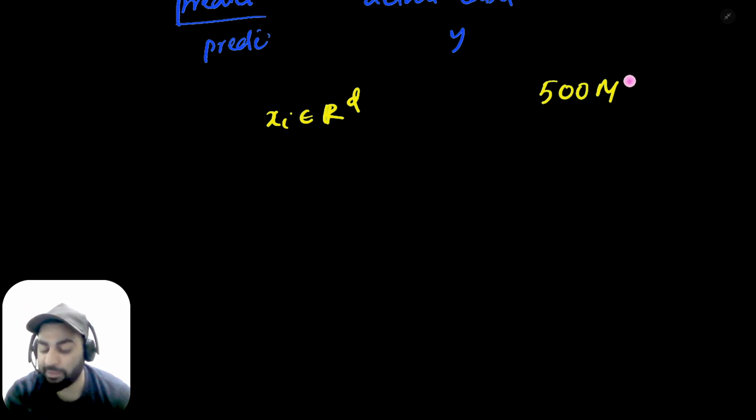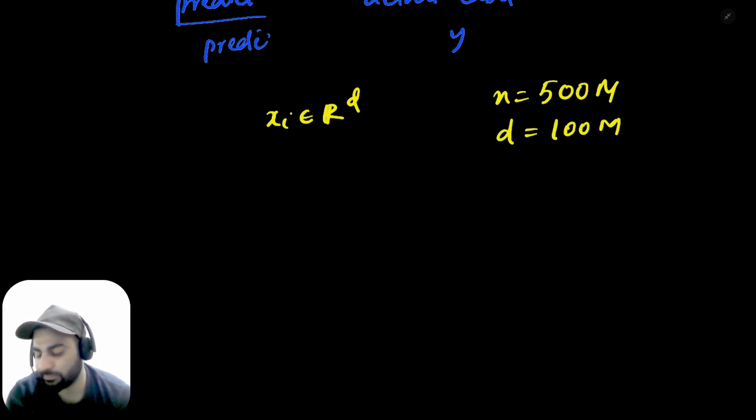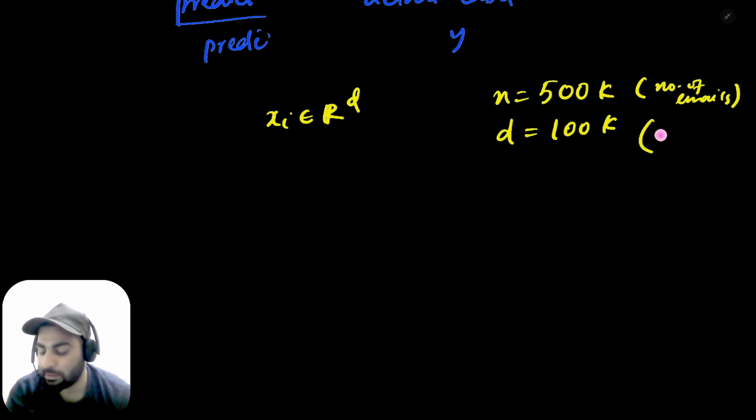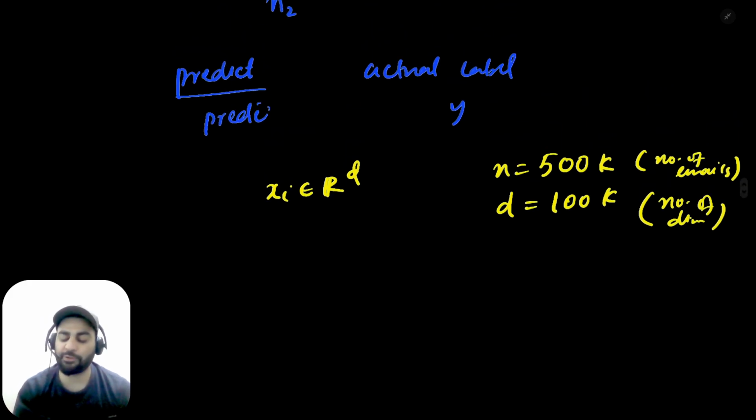Let's suppose we have 5 million of these emails in test, and this is n, and let's suppose D is somewhere around 100k. So 500k and 100k. This is our D, and this is our n, the number of emails we have, and D is the number of dimensions, the number of features. Based on these, we'll do our analysis.